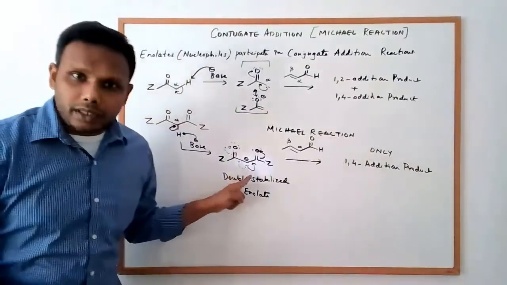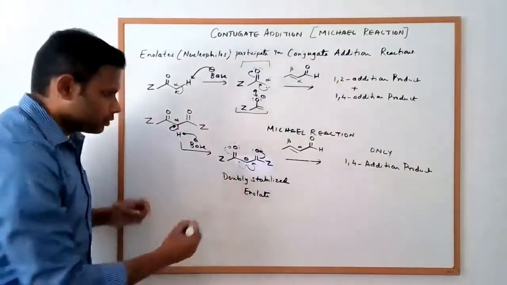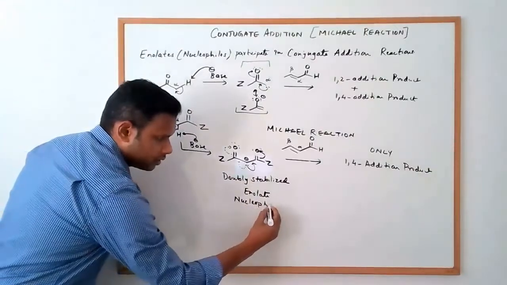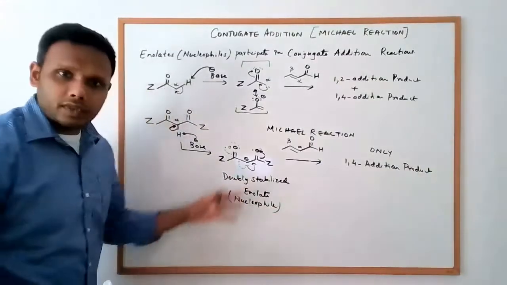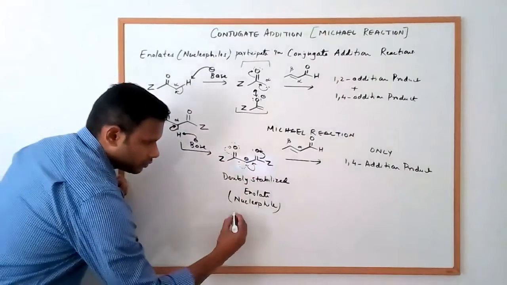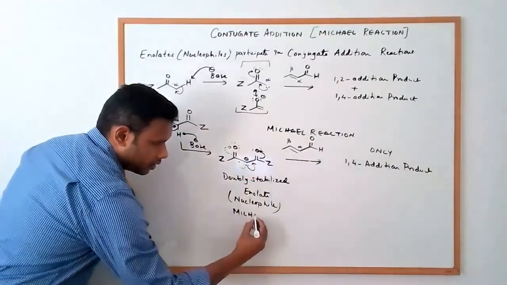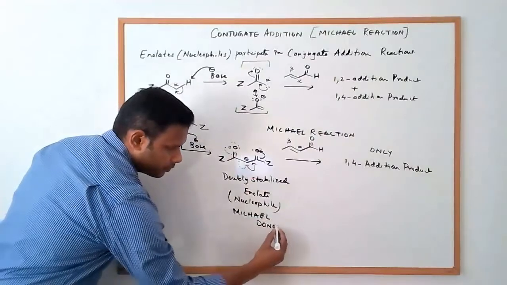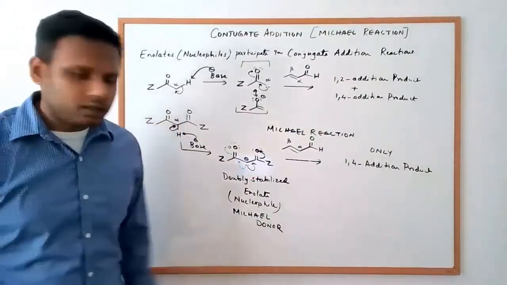And the enolate, or the nucleophile, is what serves as the nucleophile in the reaction. The enolate or the nucleophile is called a Michael donor.